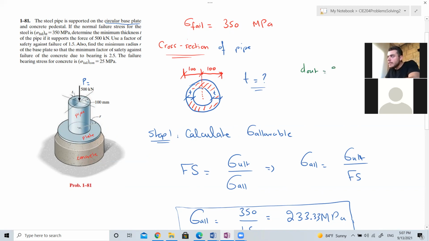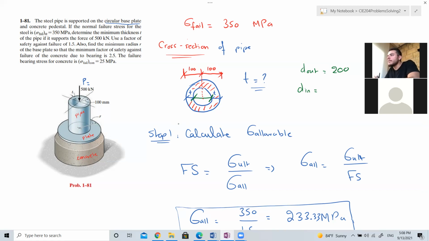200. Yes. What is the inner diameter? 100. Wrong. No. This is the inner diameter, from here to here. What is the inner diameter as a function of t? One minute. Yes, take your time.